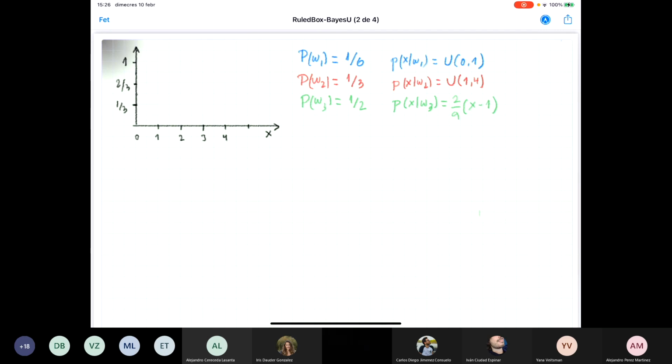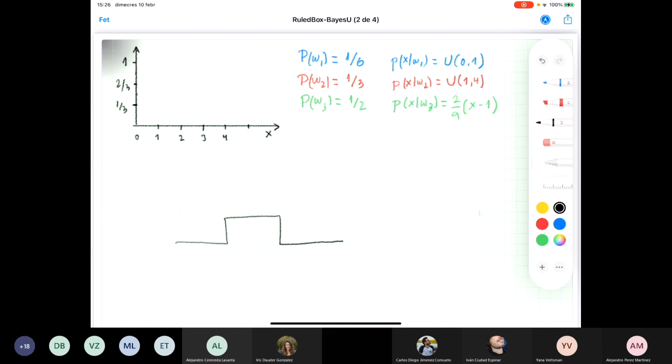So in other words, a uniform distribution is something like this. Okay? Between A and B, the distribution is uniform, 0 otherwise.